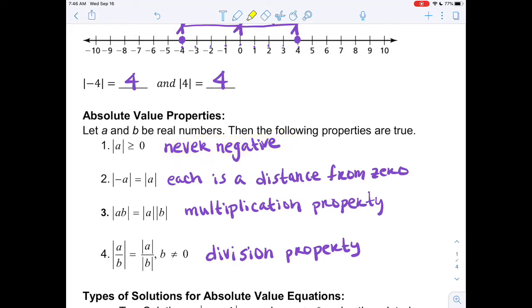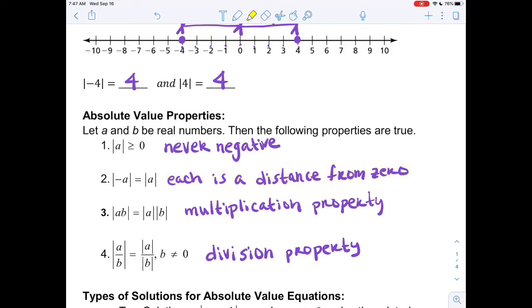Secondly, we talked about the positive and negative versions of numbers being the same when you take an absolute value. Remember that we had absolute value of negative 4 and absolute value of positive 4 both equal to 4, and that is true for any a number and negative a number. Each one is a distance from 0.